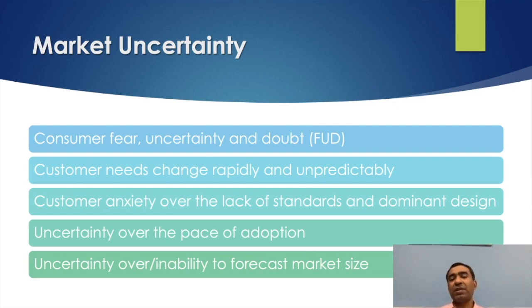The third one, sorry, is customer anxiety. Customers have anxiety about the designs, about the standards. There are a lot of things going through the customer's mind that create anxiety or frustration for a specific product. If this is not the main concept from the marketing point of view for the high tech product, then you will not be successful.